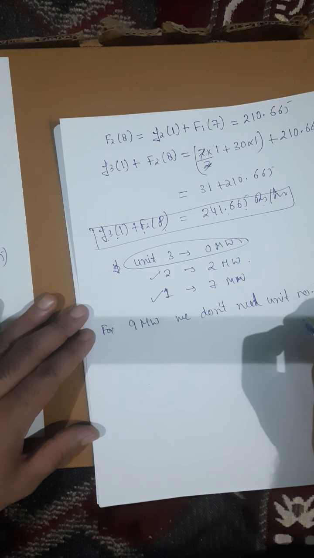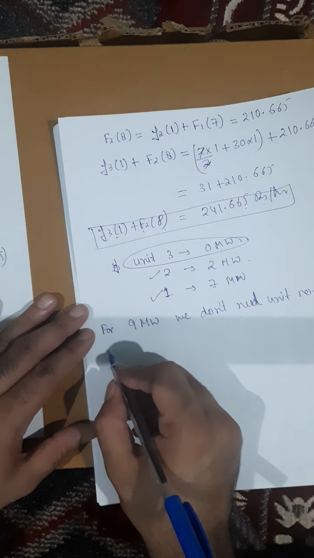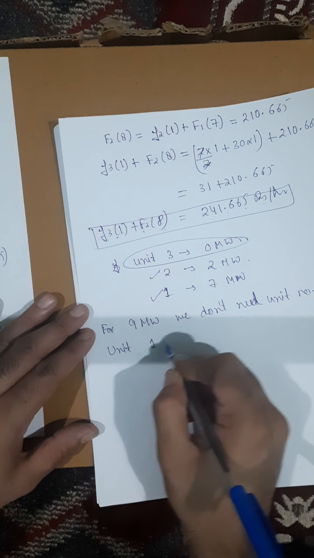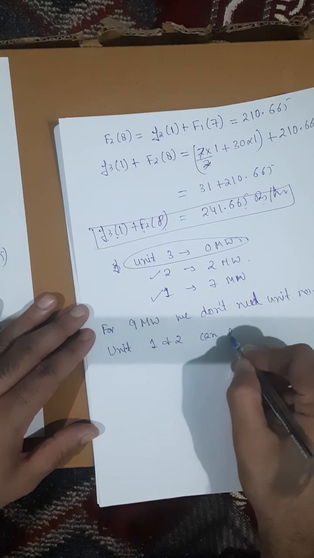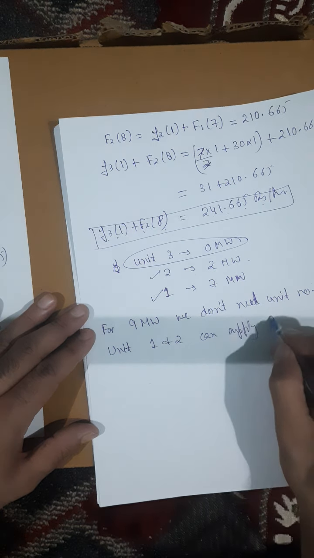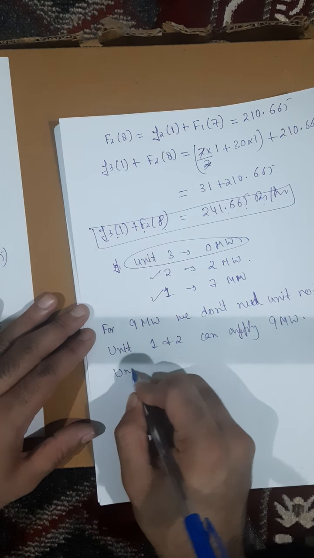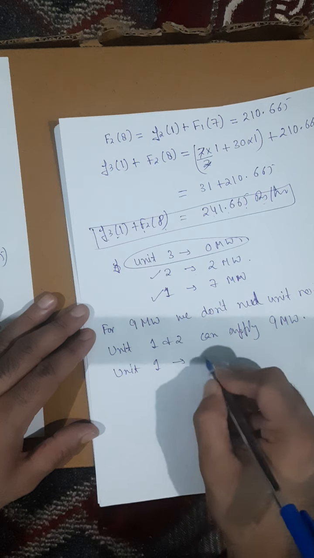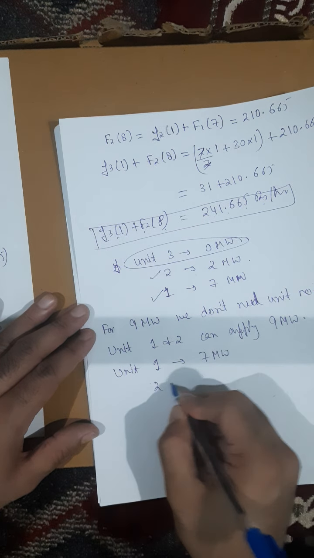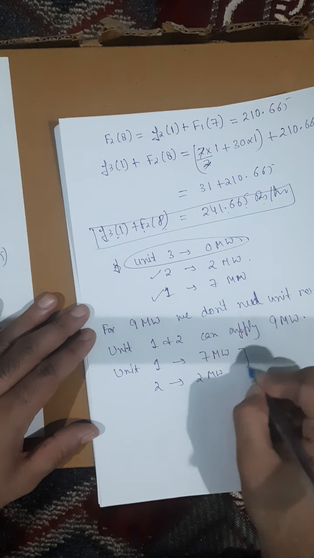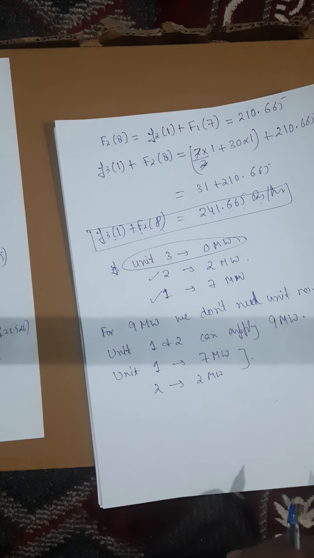The two units, unit 1 and unit 2, can supply 9 megawatt. How? Unit 1 will supply 7 megawatt and unit 2 will supply 2 megawatt. So this way I can determine this unit commitment table.